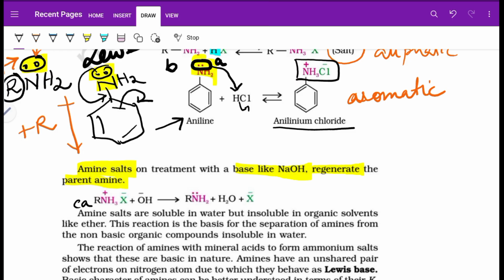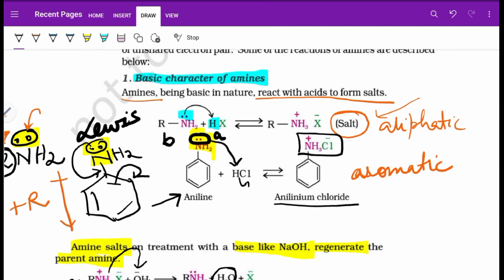So it donates H plus to OH minus, which acts as a conjugate base. Now what happens is the H plus is abstracted by OH minus, forming H2O. And you obtain a neutral RNH2 molecule, which we can say is regenerated.